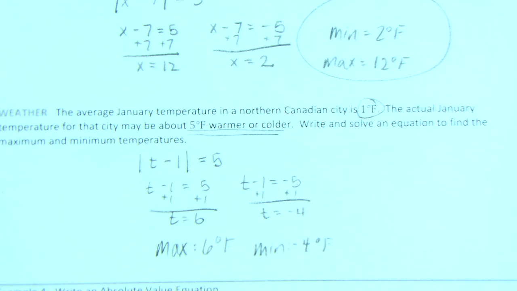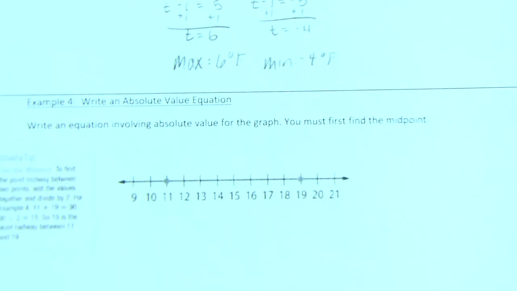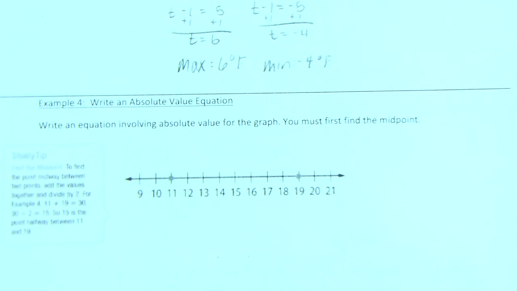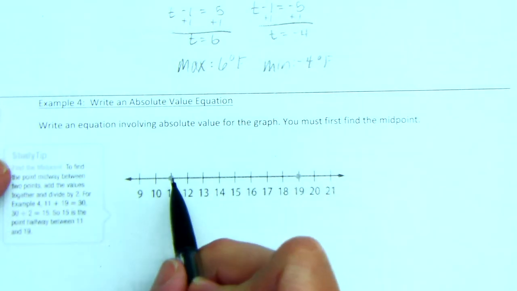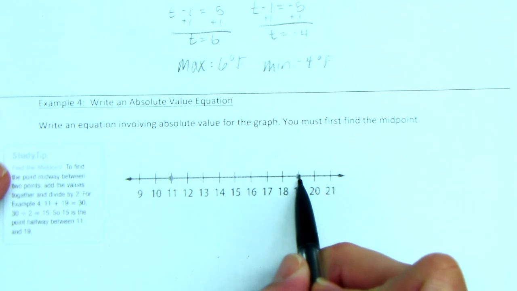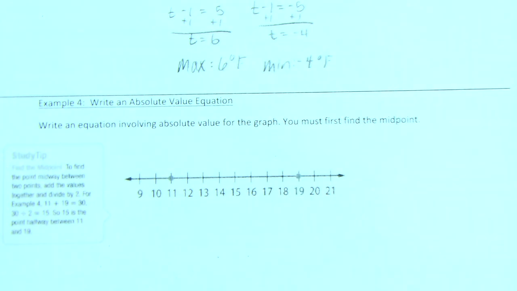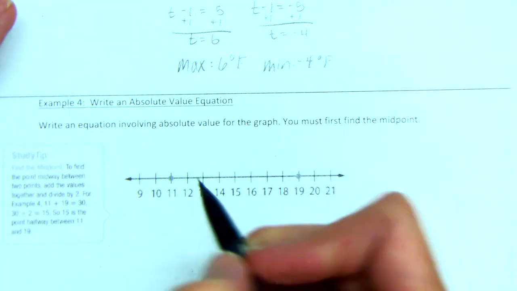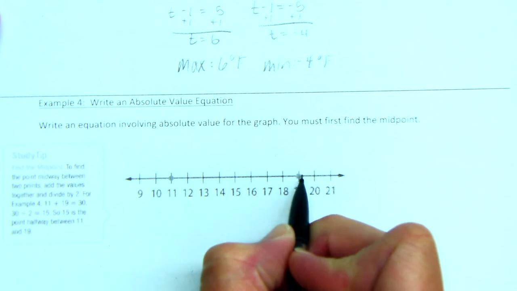All right. Now, they will also give you a couple questions where they give you the graph of the solution. So you know that the answer you got was 11 or 19. So here's how you find that. I'm going to count how far between here.